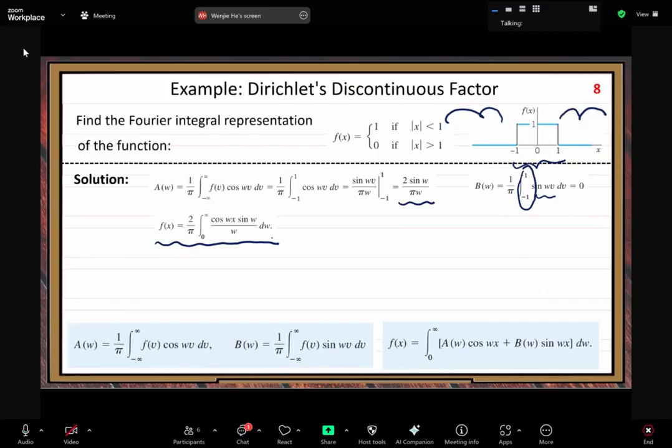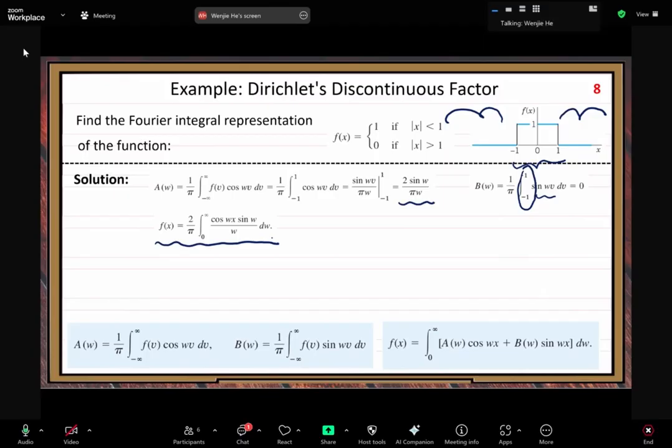It's hard to comprehend immediately. If you do not apply the Fourier integral formula, how can you get it? It's extremely hard to see. But by the Fourier integral formula, we can get it.